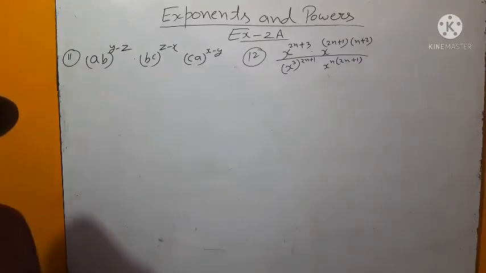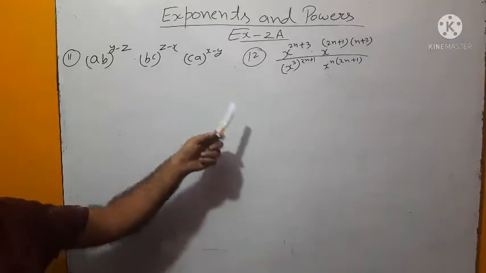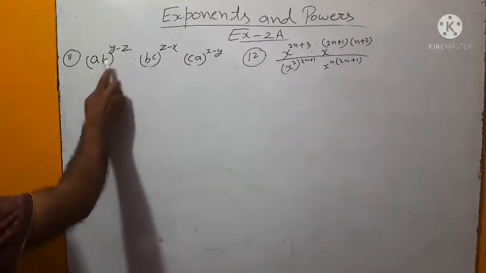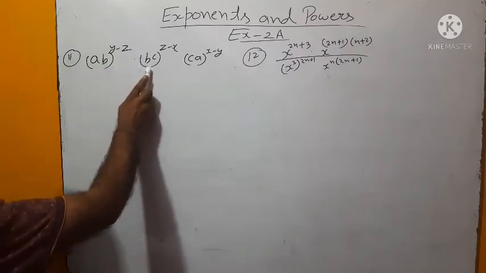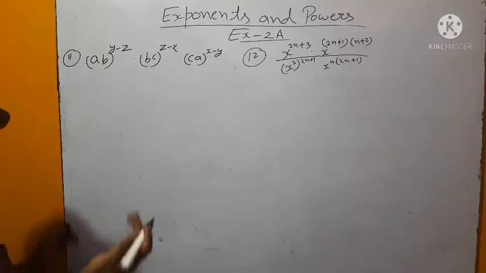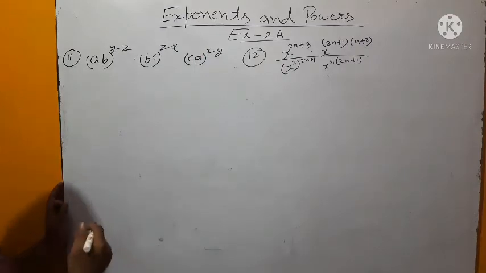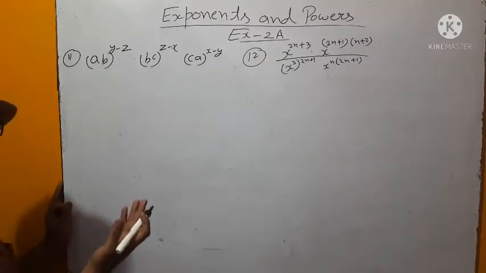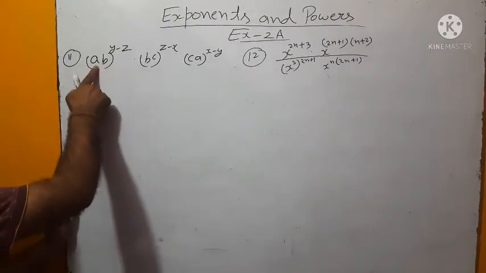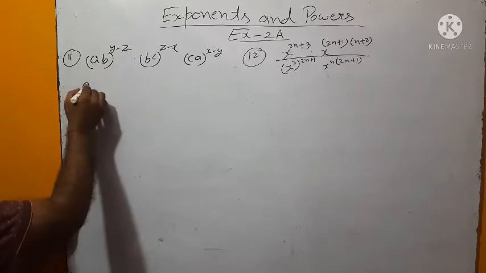Okay children, now see question number 11 and 12. Here we have to simplify this given term: ab to the power y minus z into bc power z minus x into ca power x minus y. To simplify it, if you apply the exponential law, then this y minus z will go to power a also and power b also.